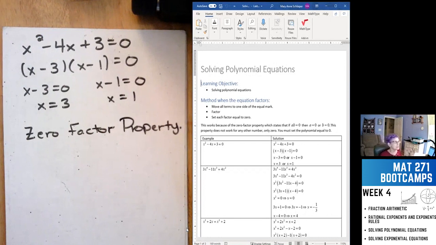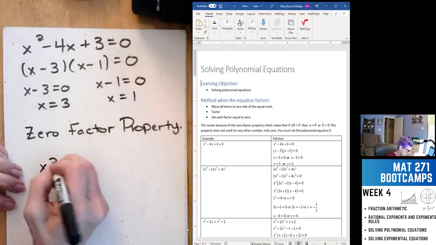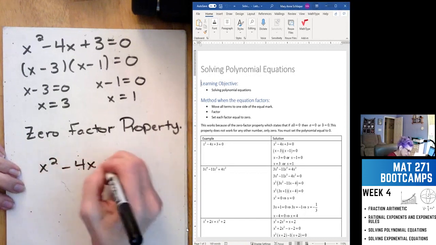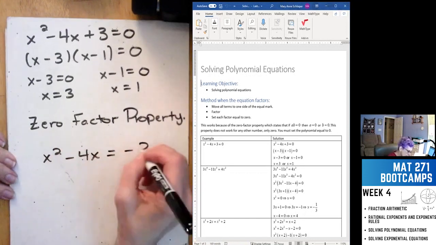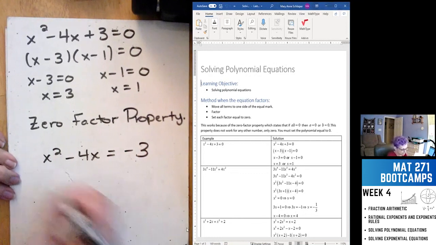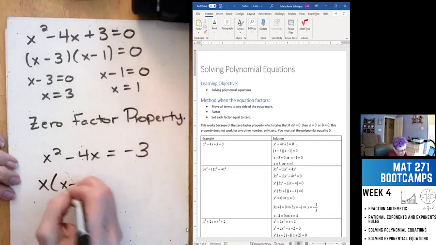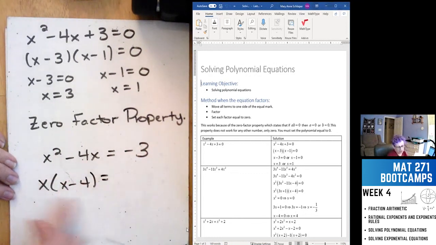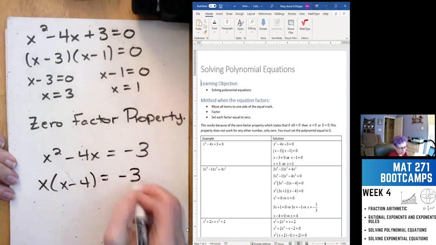That's where students sometimes go astray if they have x squared minus 4x is equal to -3. Then you could factor an x out over here.